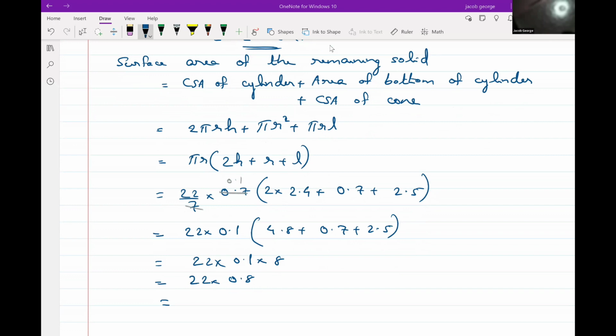Yes, Srinigesh and Andrew got the correct answer. Others also please multiply. After writing the answer in decimal, we have to write it to the nearest centimeter square. First, write in decimal. Reina and Suryansh got the correct answer.